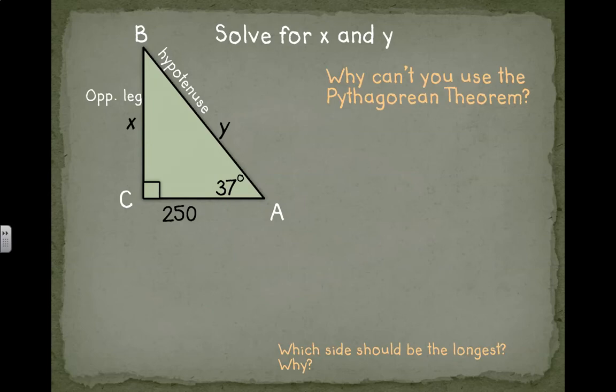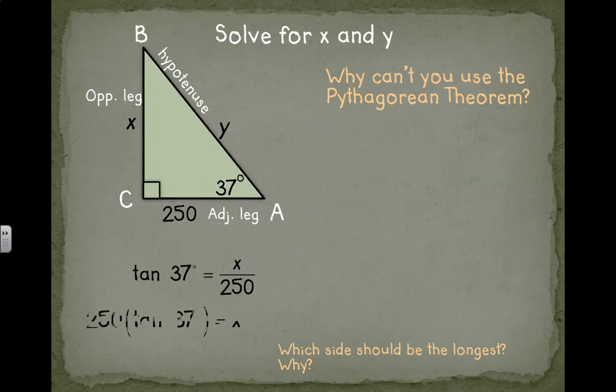Hypotenuse, label your sides, opposite leg, adjacent leg, so that you know which trig function to use. Since we've got opposite, we're going to use opposite leg over the adjacent leg. We're going to use the tangent of 37, and when you multiply the tangent of 37 by 250, when you cross multiply, you're going to get 188.4.